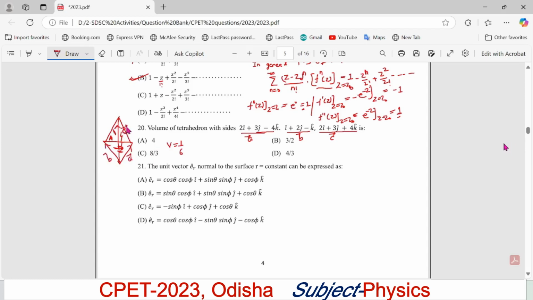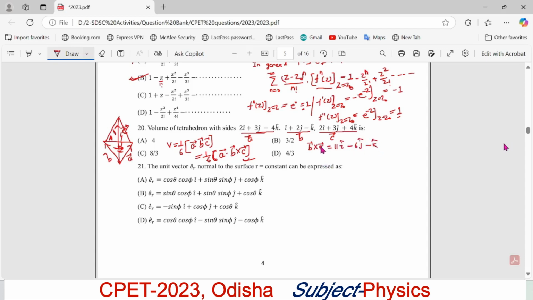By considering these three vectors, the volume of this tetrahedron is 1 by 6 times the scalar triple product of A, B, C, or we can write 1 by 6 A dot B cross C. So first calculate B cross C. In your rough work you will find the value is 11 i cap minus 6 j cap minus k cap.